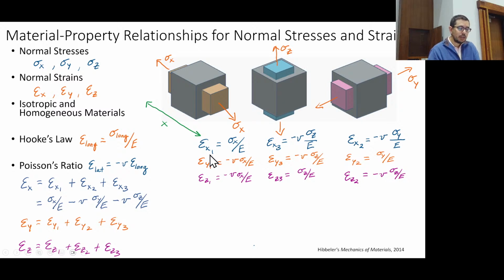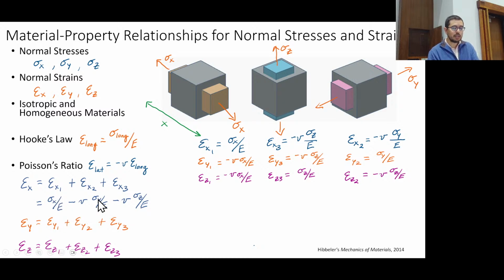But you see this? I've got a strain in the x1 direction over here, a strain in x over here, and a strain in x over here. I can put them all together. If I have a stress over E, that's going to give me this epsilon x1.